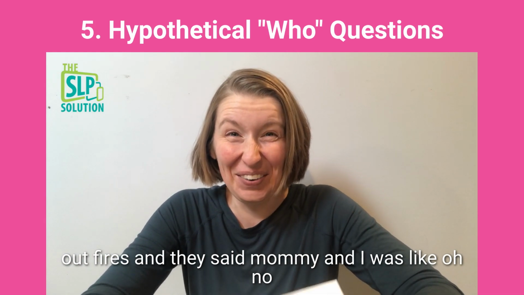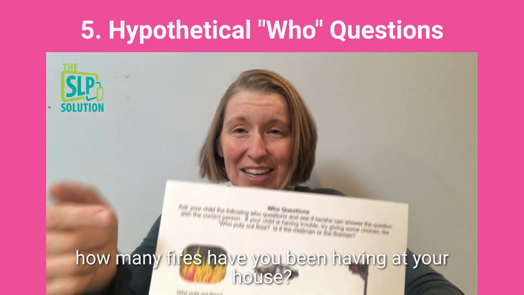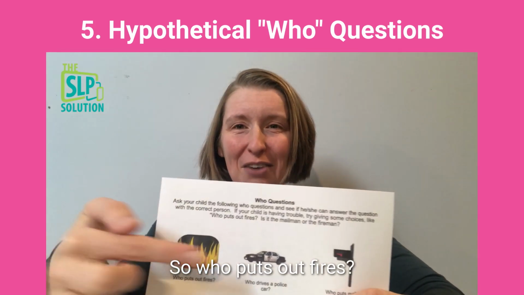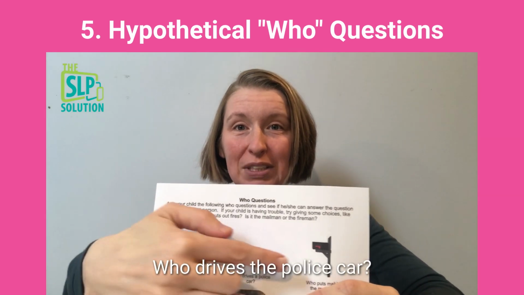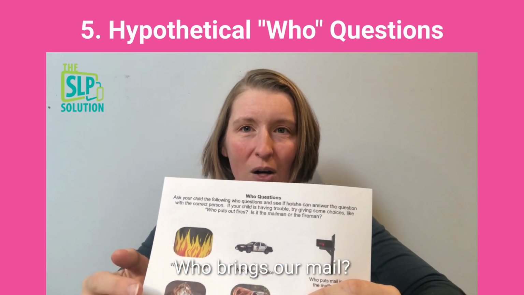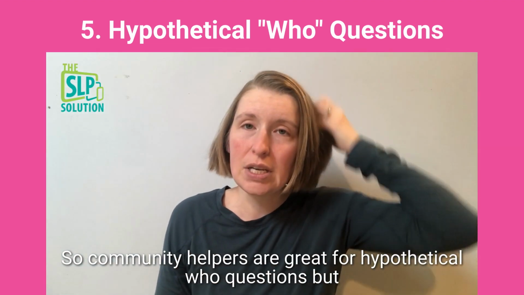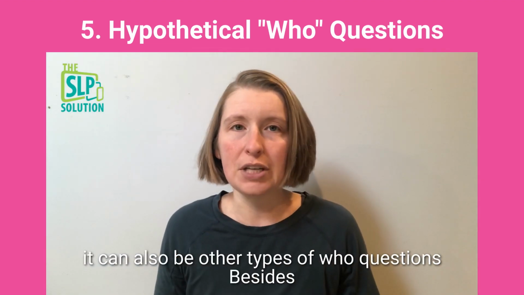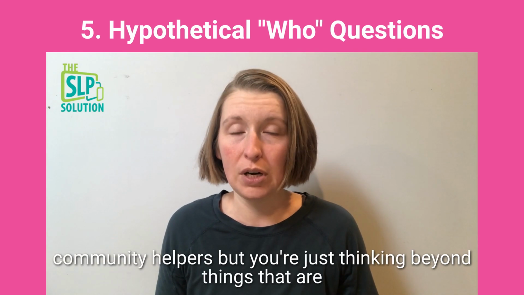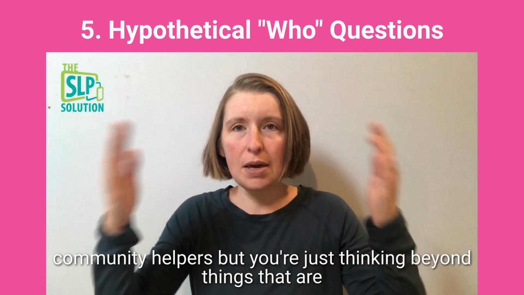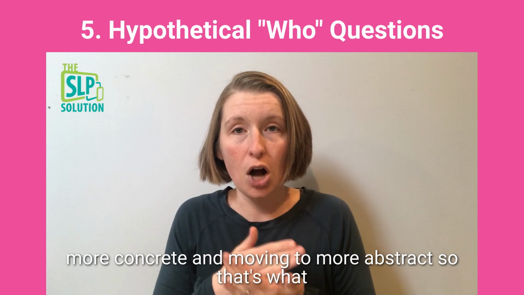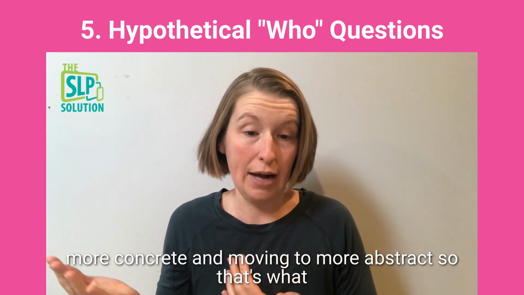And I was like, oh no, how many fires have you been having at your house? So who puts out fires? Who drives a police car? Who brings our mail? So community helpers are great for hypothetical who questions, but it can also be other types of who questions besides community helpers. But you're just thinking beyond things that are more concrete and moving to more abstract.